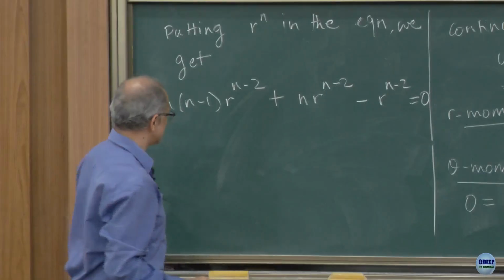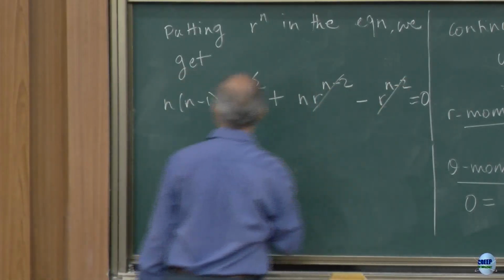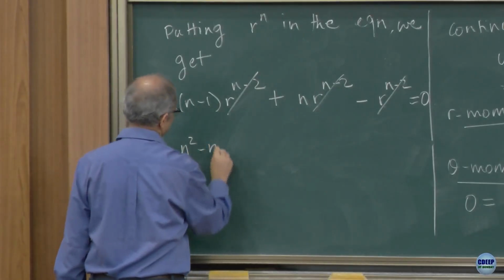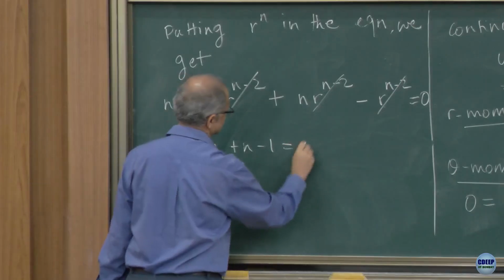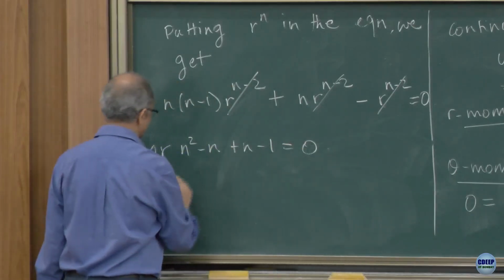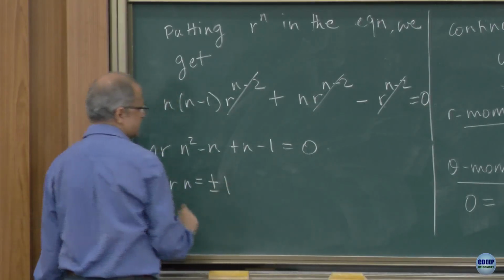And why the solution works? Because r^(n-2) cancels away, and I'm left with n² - n + n - 1 = 0. So I get n equal to plus minus 1.